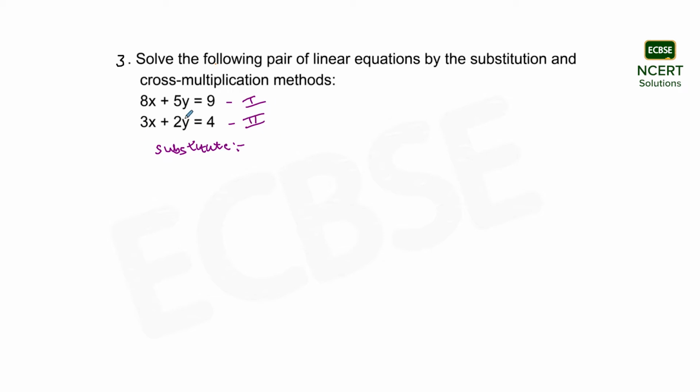Suppose I obtain the value of x from the second linear equation. So from equation second, x comes out to be equal to (4 minus 2y) divided by 3. Let me mark this as the third linear equation.